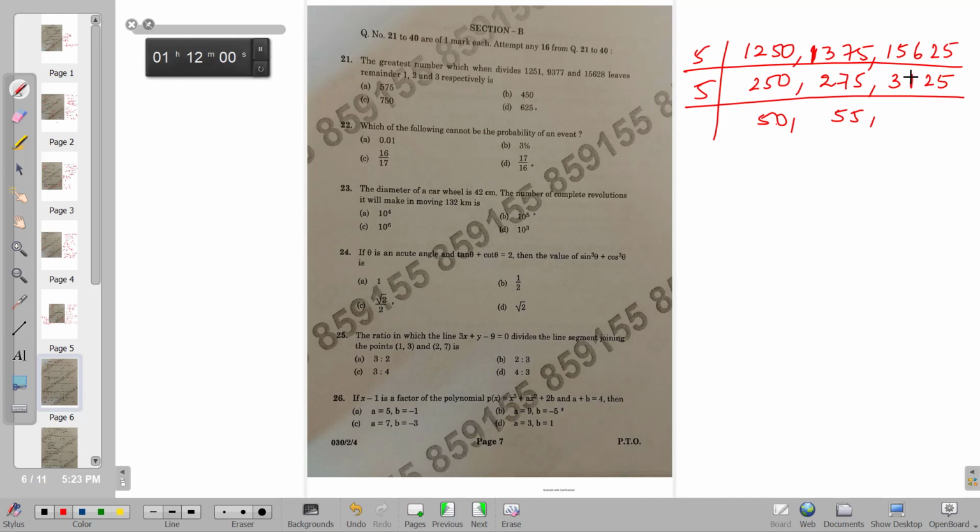So this would be 6 and 2, 5. Okay, let's take 5 again. So when you're taking 5 again common, you would have 25, 11. And then we are having 625. 625 means we are having 5 times 125. Oh, I'm getting the answer as 5 times 5 times 5, which is 125.